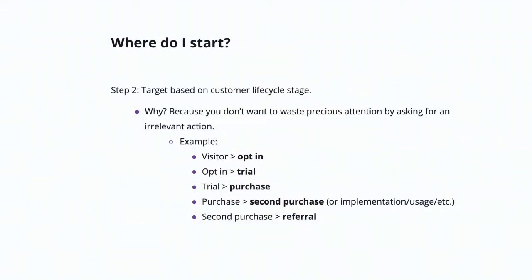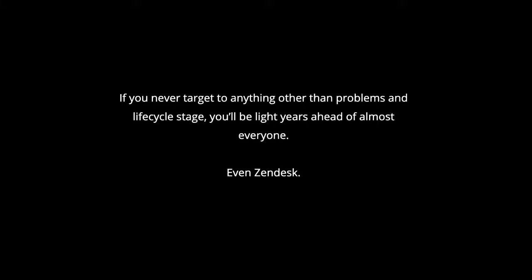Once they've got a trial, you're encouraging the purchase. Once they've purchased, you're encouraging a second purchase, or maybe an implementation or usage. In our case, we track how they're using it. And once they're using it, you want to get them telling their friends, right? So here is the communication of the day. If you never segment and target to anything other than problems and life cycle stages, you will be light years ahead of just about everyone, even Zendesk, right?